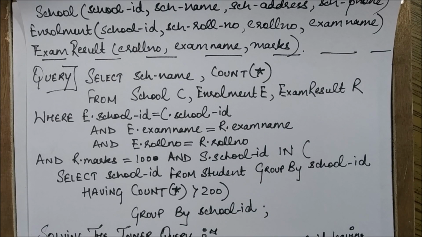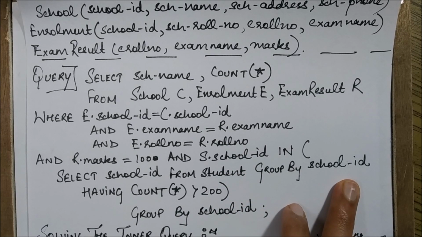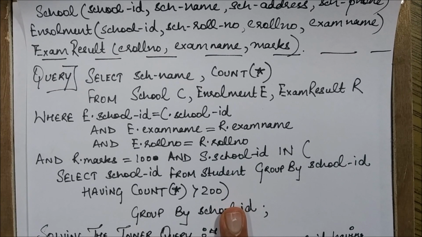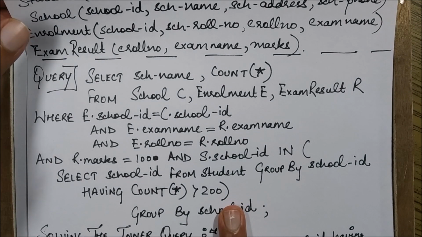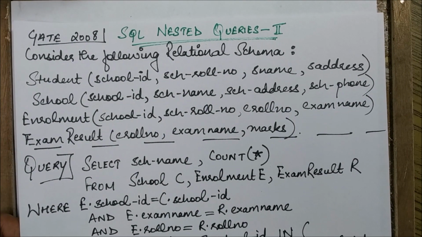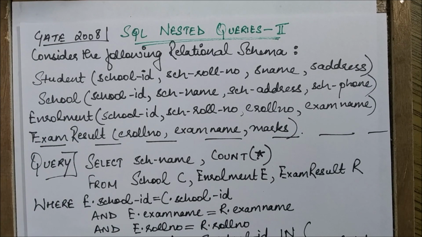So if we see the inner query, what does it say? It says select school ID from student, group by school ID having count star more than 200. Now if you just pay attention and look at the student schema, what does it have?